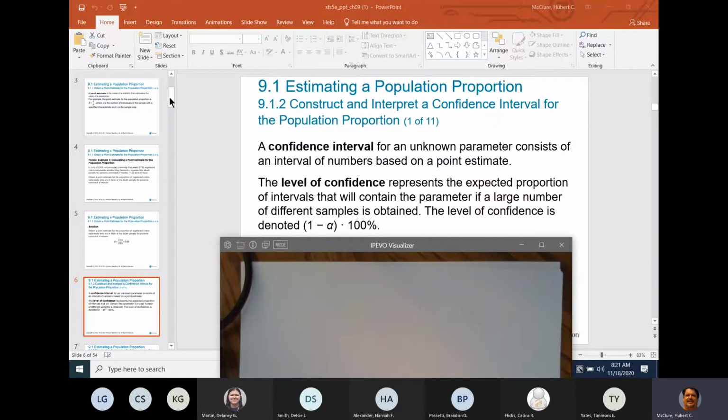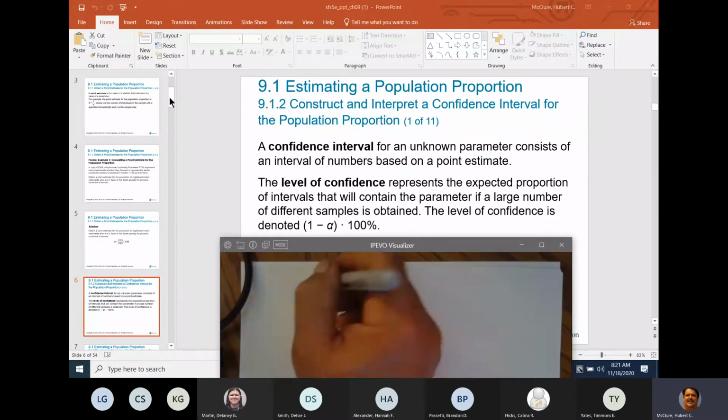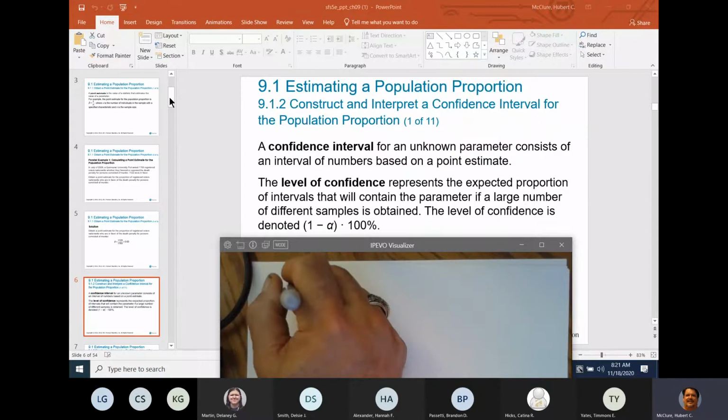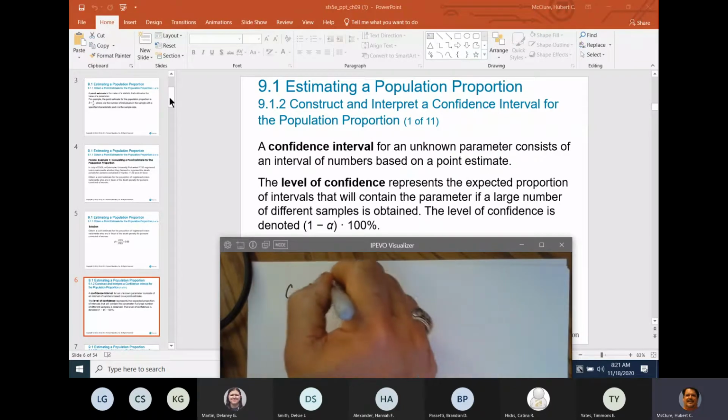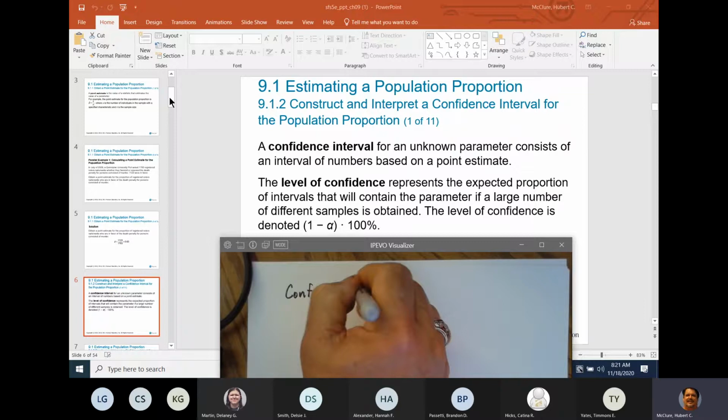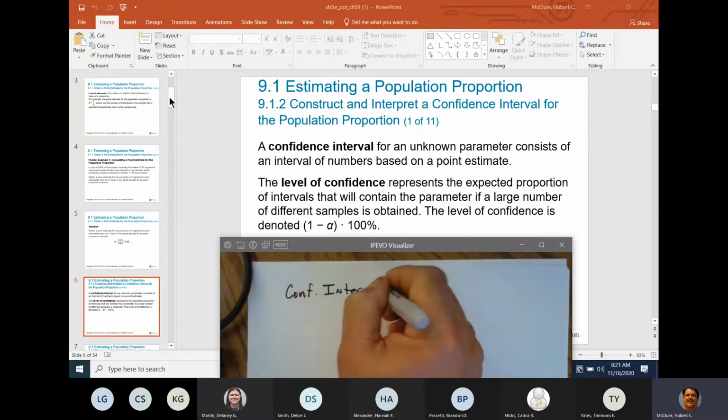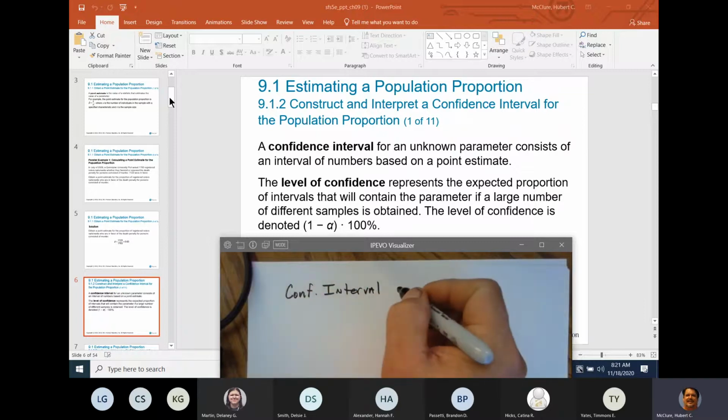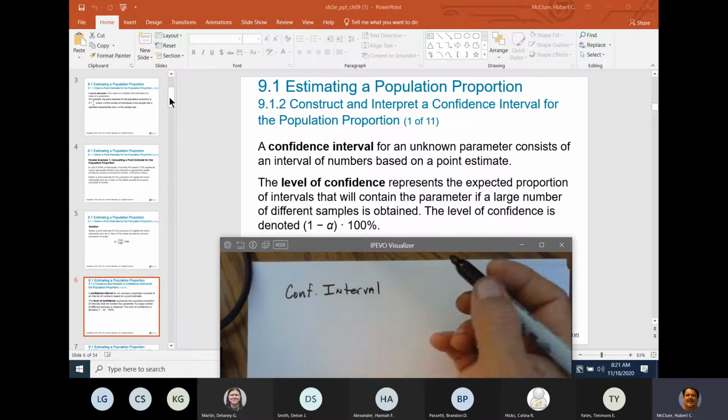A confidence interval is basically a window, okay?